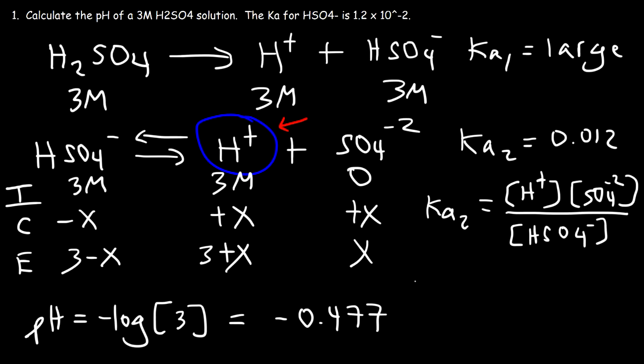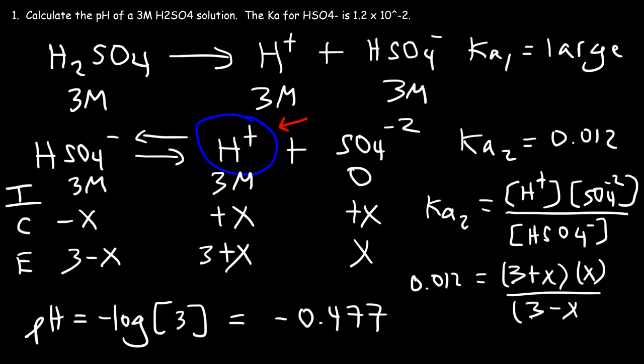So Ka2, that's 0.012, and that's going to be 3 plus X times X over 3 minus X. Now, if X is small, 3 plus X is going to be approximately 3. So we could cancel 3 plus X and 3 minus X, because 3 minus X will also be about 3. So therefore, we could see that X is equal to this number, 0.012.